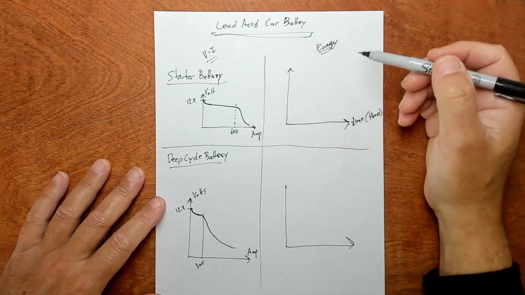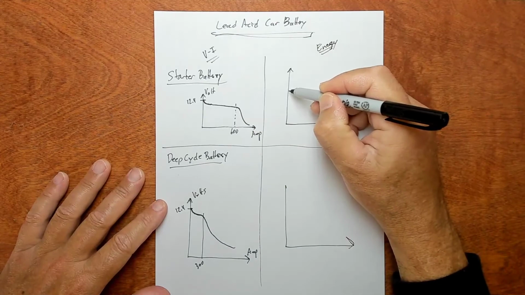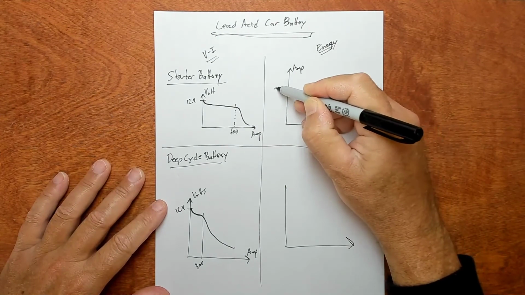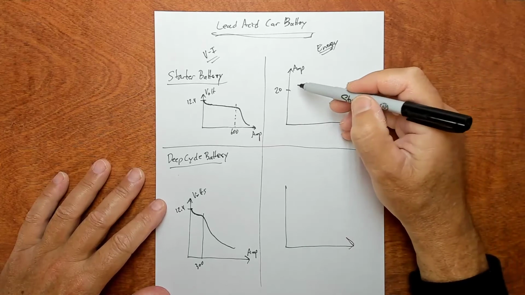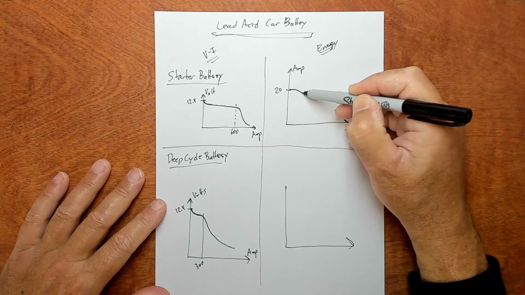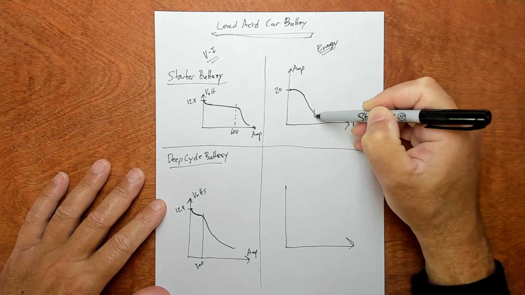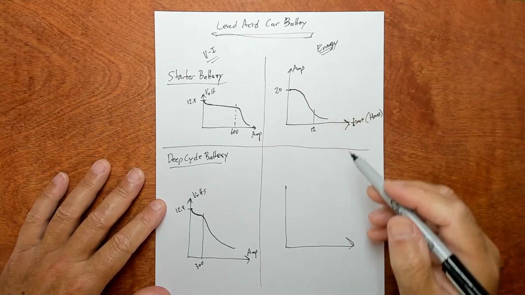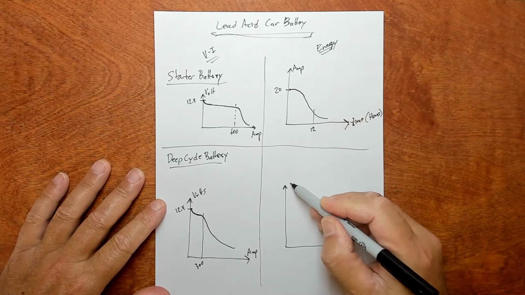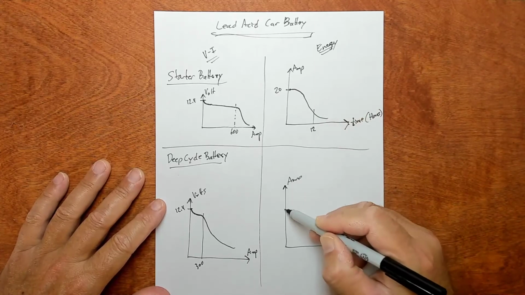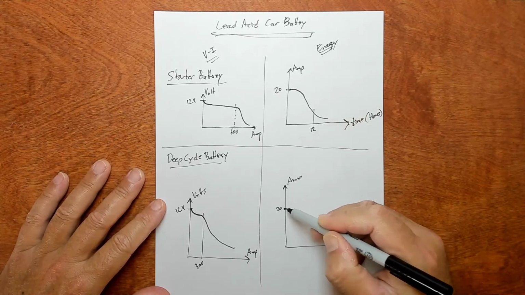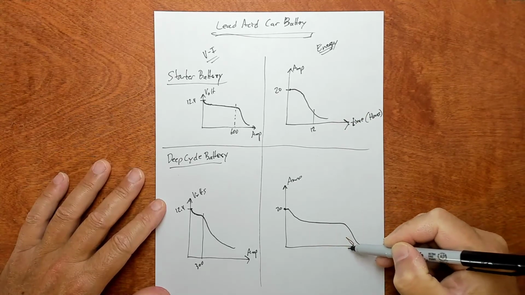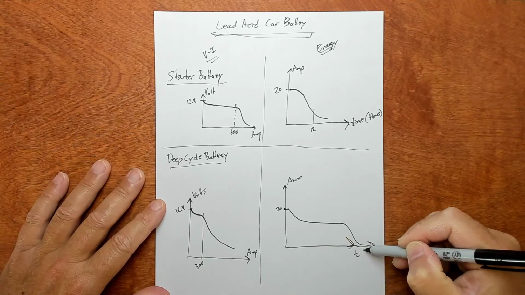So starter battery energy: let's pick an amp rate, say 20 amps. It might only be able to supply 20 amps for, say, 12 hours or so, and then it conks out. Whereas a deep cycle battery might be able to put out 20 amps for much longer. So this is still time in hours.